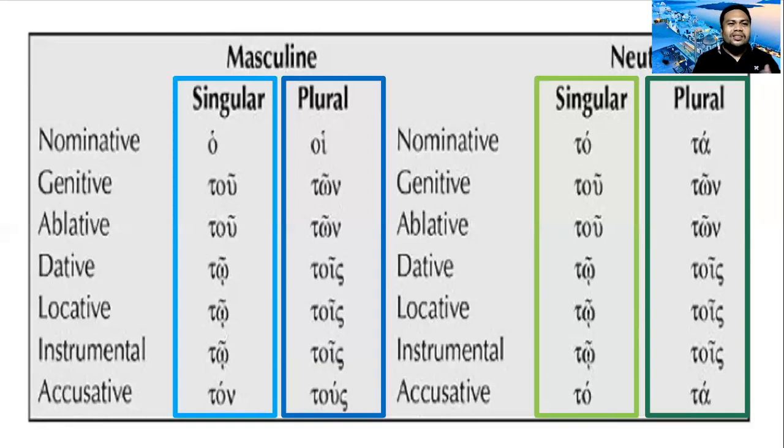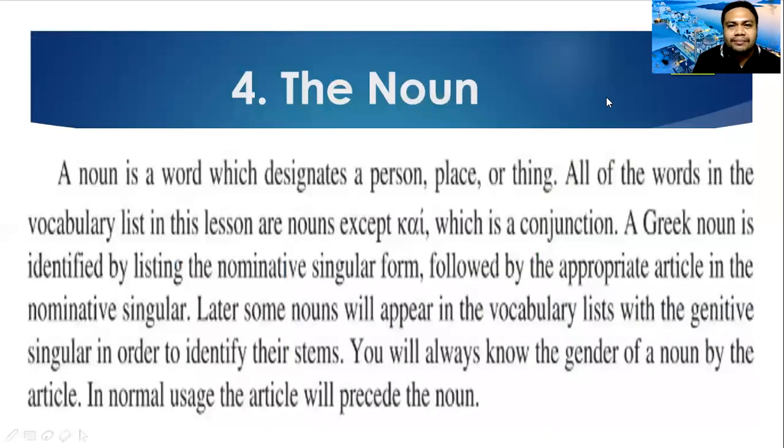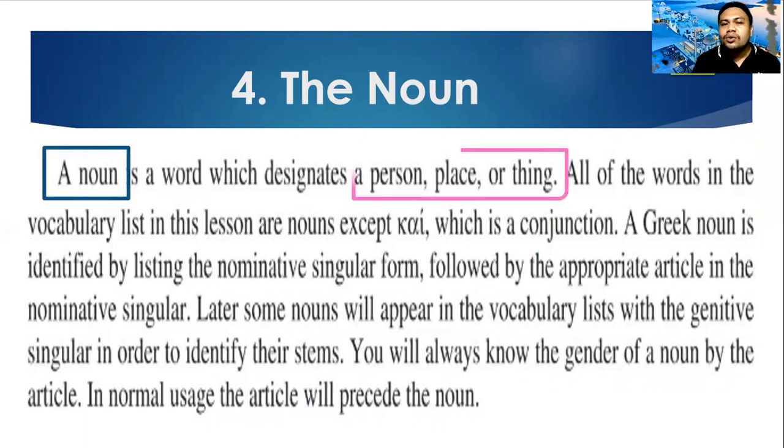So the next question is, what are these terms? So we will learn also these terms. So for the nouns, a noun is a word which designates a person, a place, or a thing. Of course, we have the proper and the common nouns. All the words in the vocabulary list in this lesson are nouns, as you have seen earlier, except kai, because kai is a conjunction.